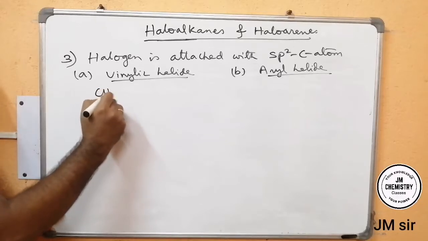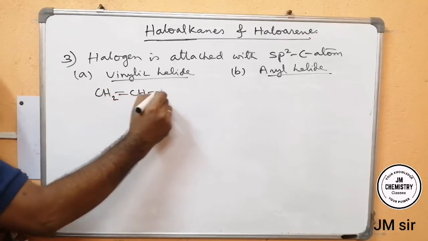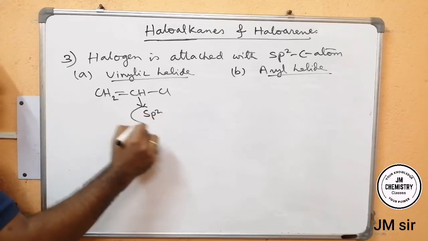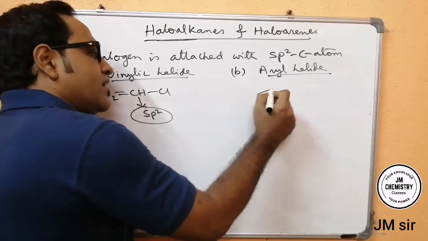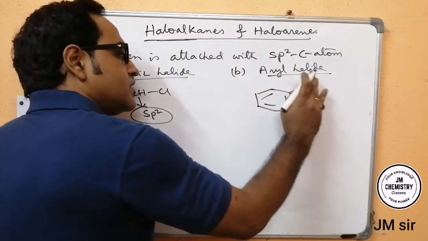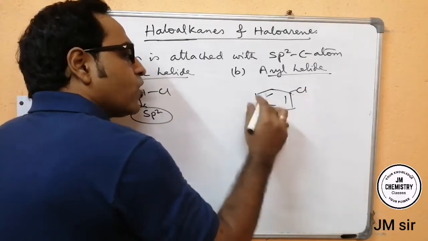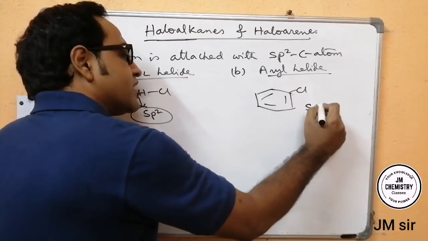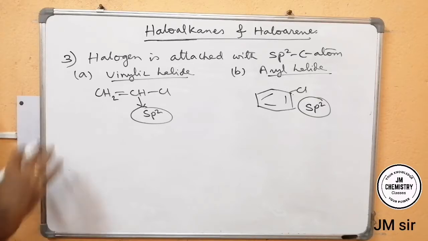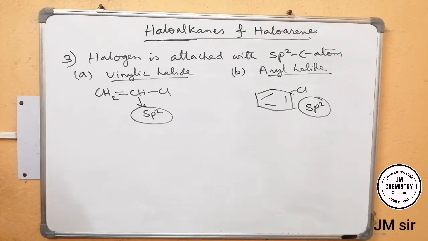So vinylic halide, CH2=CH-Cl, this carbon is sp2. Aryl halides, C6H5-Cl, here all the carbon atoms of benzene ring are sp2 hybridized. So these are the classification of haloalkanes.